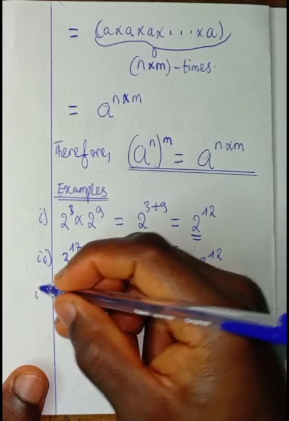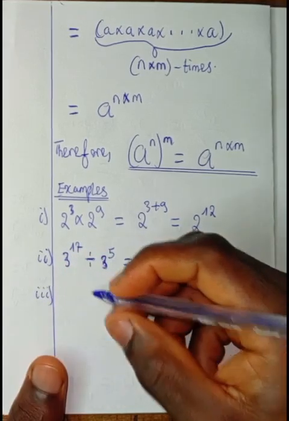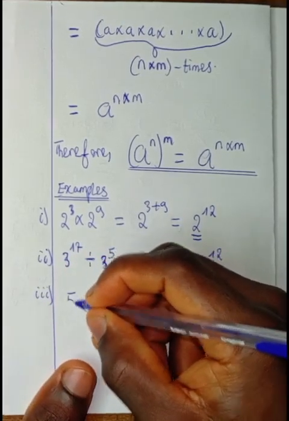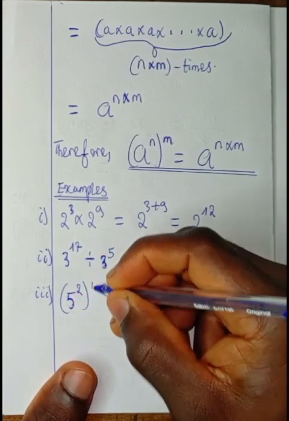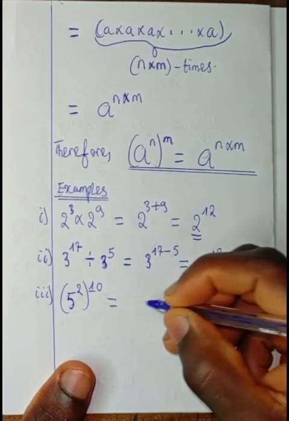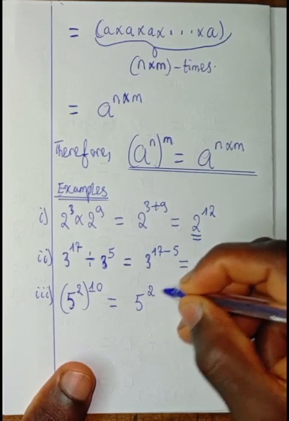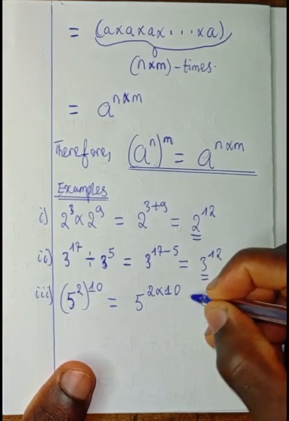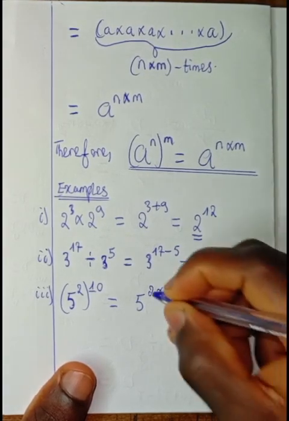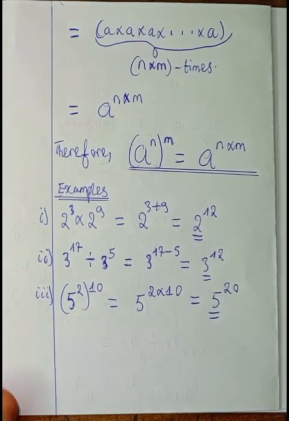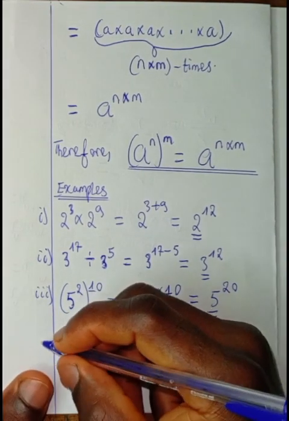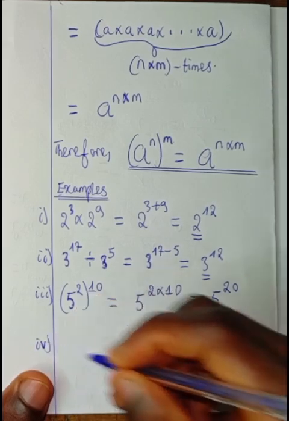We take another example, 3. If we have 5 raised to the power 2, all this raised to the power 10, will simply be equal to 5 raised to the power 2 times 10, which is simply equal to 5 raised to the power 20. We take the next one, 4.